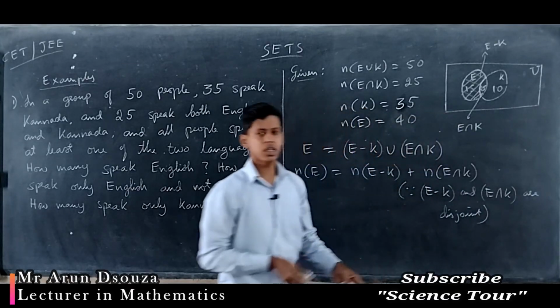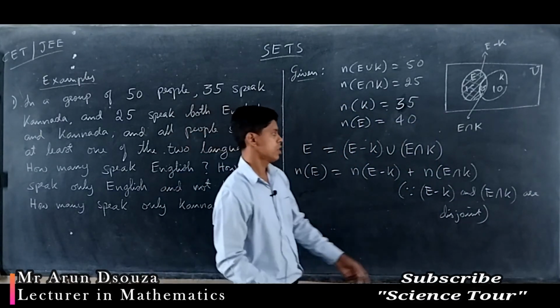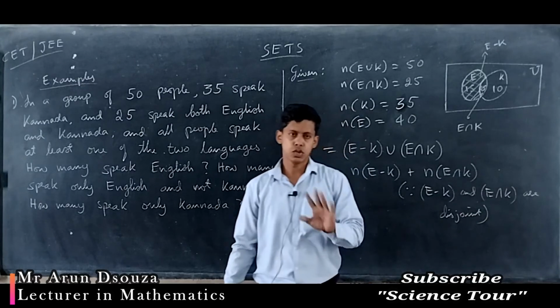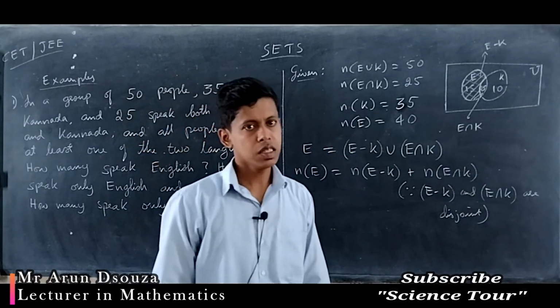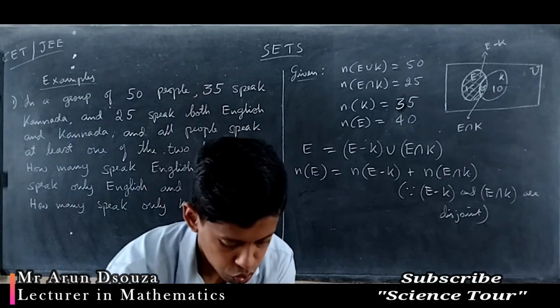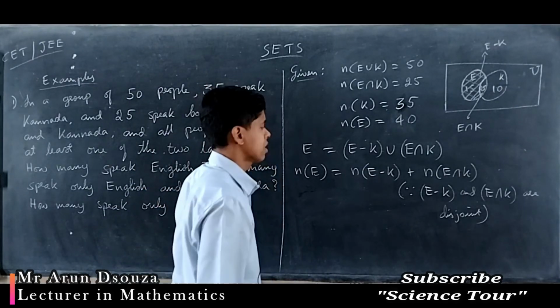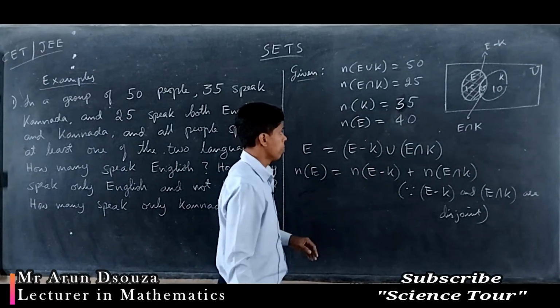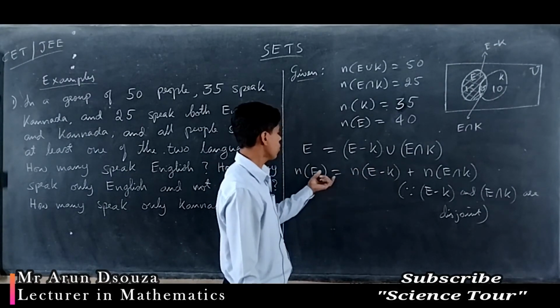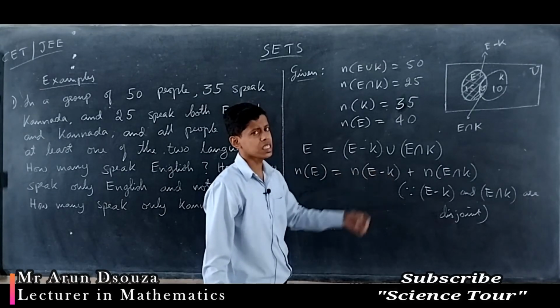If they are disjoint, that intersection term you don't have to write, because there is nothing common. The number of elements in the intersection will be 0, so whether you add or subtract it doesn't matter. Now you have got a formula for E minus K, right?